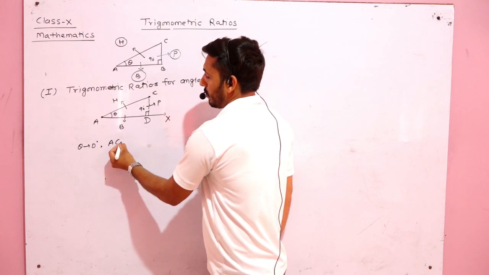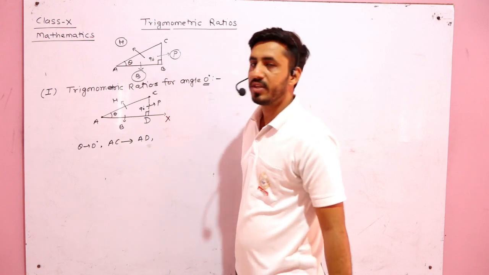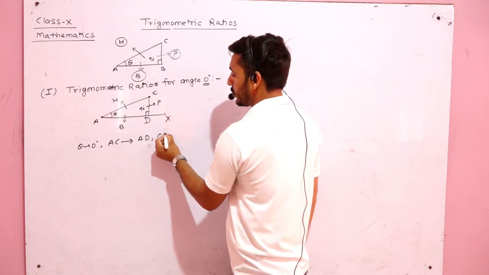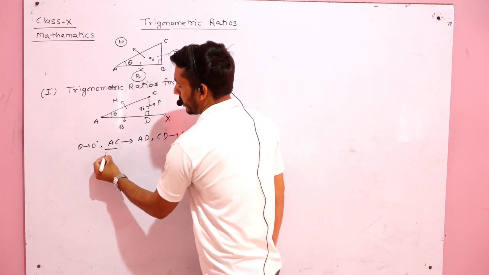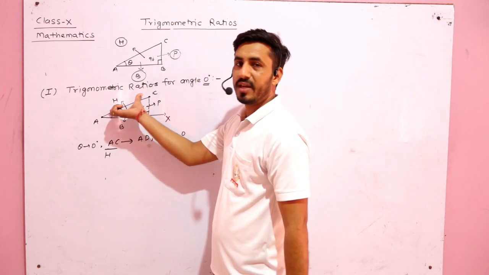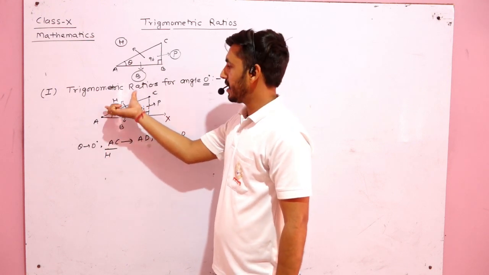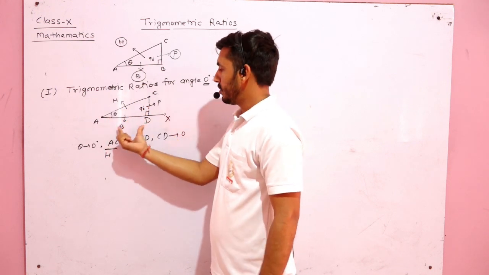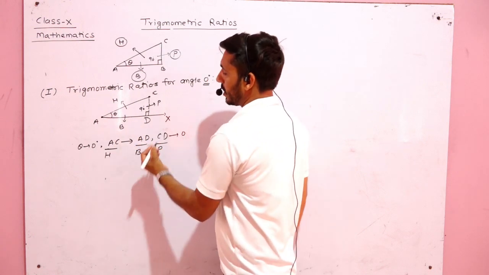Then AC will move towards AD, and in this condition CD tends to 0. It means this is the hypotenuse, this is the base, and this is the perpendicular.